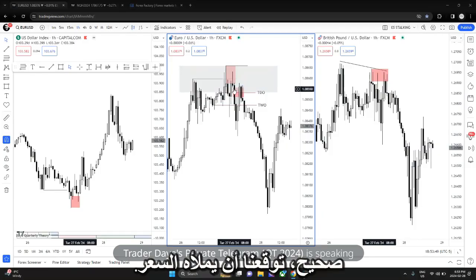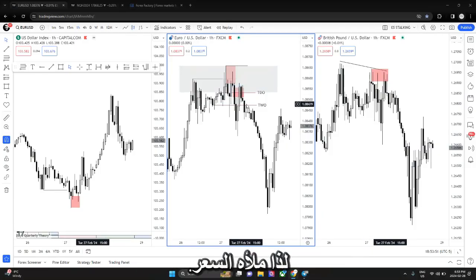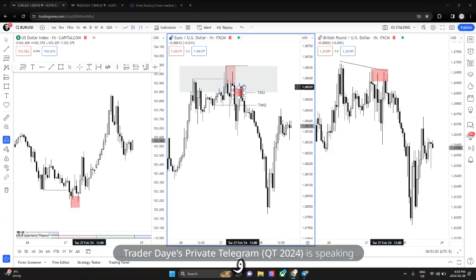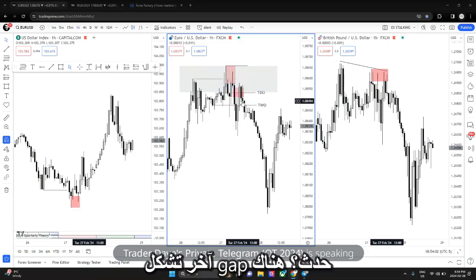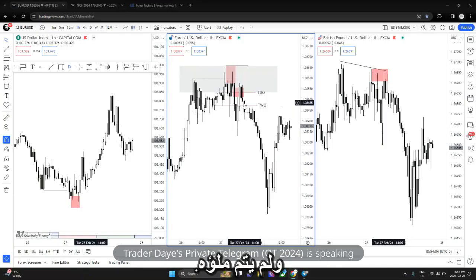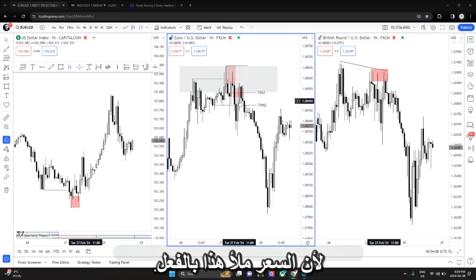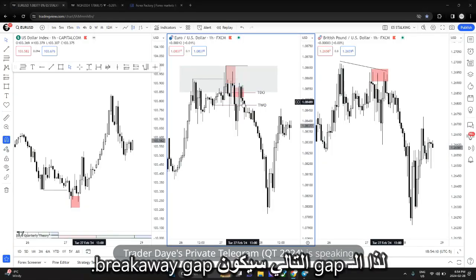We expected price to fill it. So price filled it, fell, right? After price filled this gap, what happened? There is another gap that formed and it wasn't filled. Why? Because price already filled this one, so the next gap would be a breakaway gap.